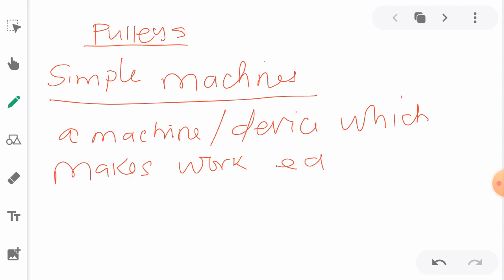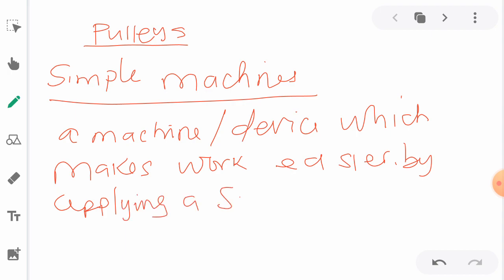It's a simple machine. Now how does it make work easier? By applying a small effort. So you really don't have to put a lot of effort in order for this to do work. You only have to apply a small effort for this machine to do its work.